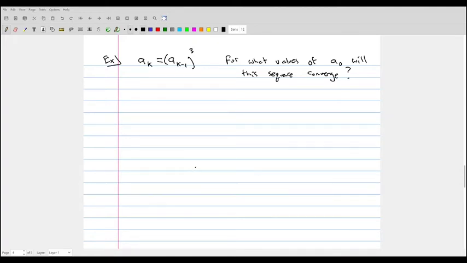Now again, it's no surprise. You look at this function right here. This is saying that the kth element of the sequence is the k minus first element of the sequence cubed. This function is a function of x, and it's a continuous function of x because it's just x cubed.